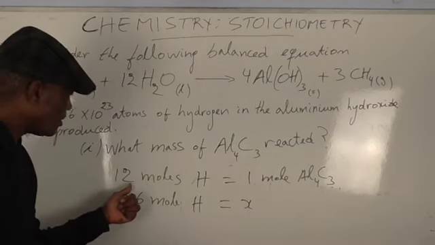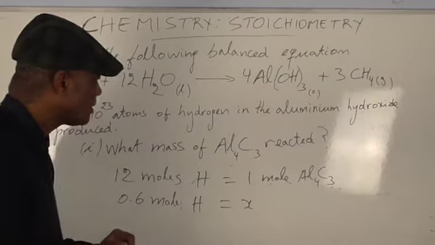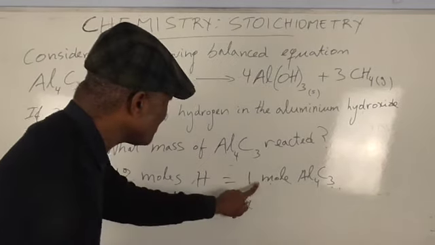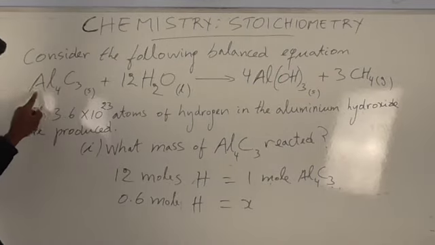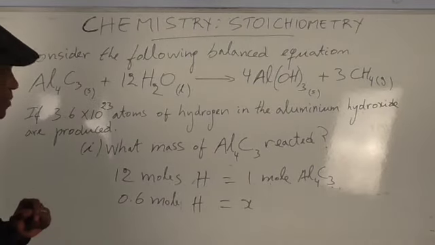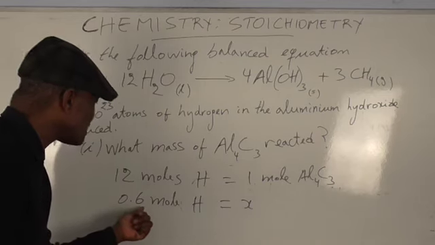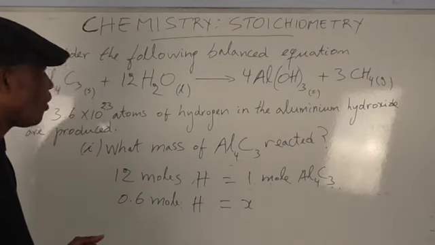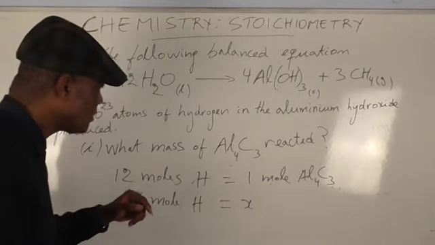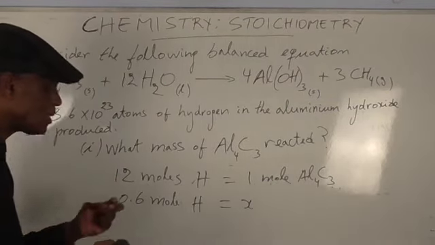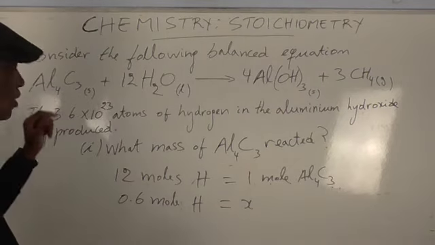So I repeat, when we have 12 moles of hydrogen over there, this will be equal to 1 mole of aluminium carbide. And then if we have 0.6 moles of OH minus or hydrogen, this will be equal to X mole of aluminium carbide.